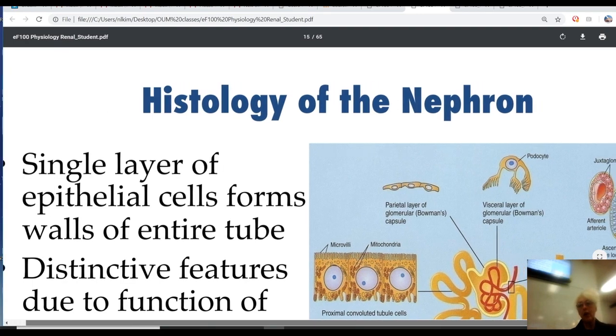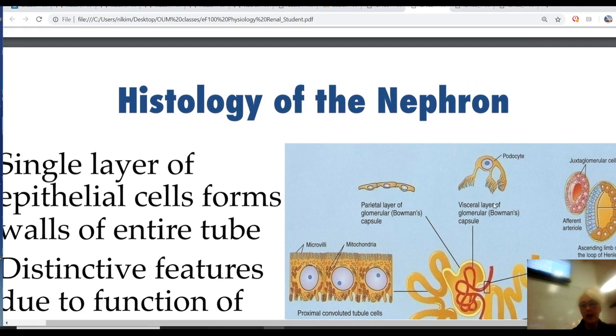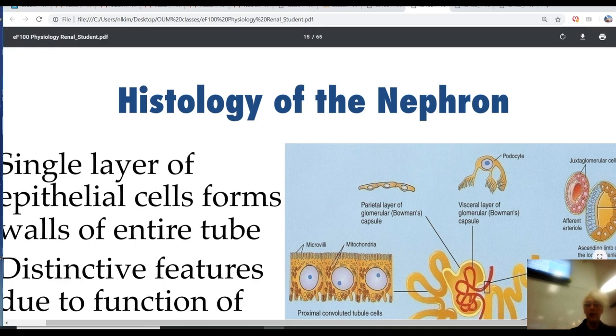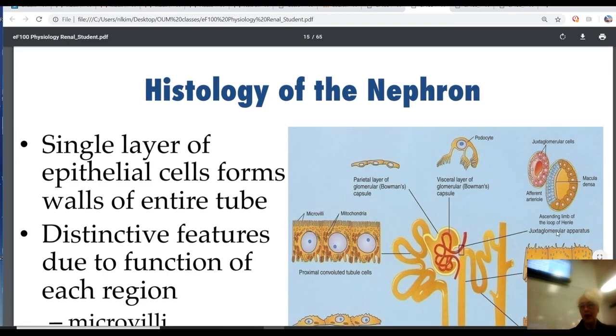This is kind of like your epithelial cells, parietal layer of the Bowman. These are podocytes. Notice these podocytes look like they have some type of movement ability, which they do. These are like flagella, and these podocytes, meaning foot, allows them to move.